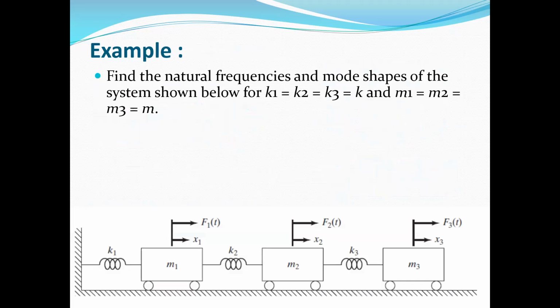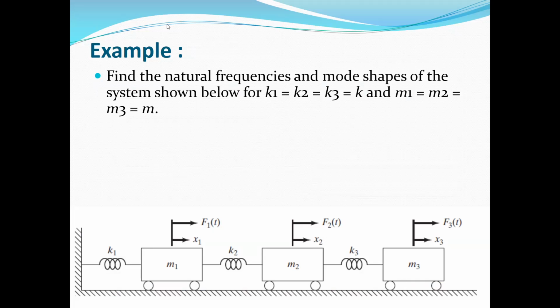Okay, we'll have one example to extract the equation of motion and the natural frequencies. Here we have a very simple system with 3 degrees of freedom, consisting of three masses M1 to M3 and three springs K1 to K3.